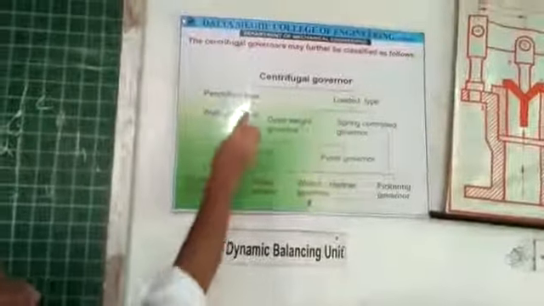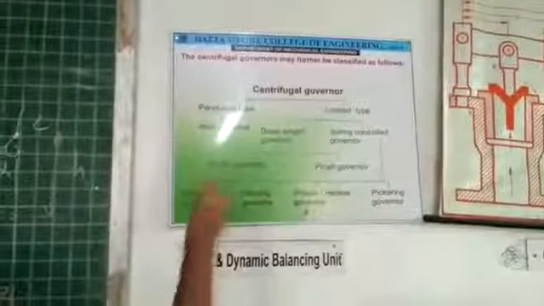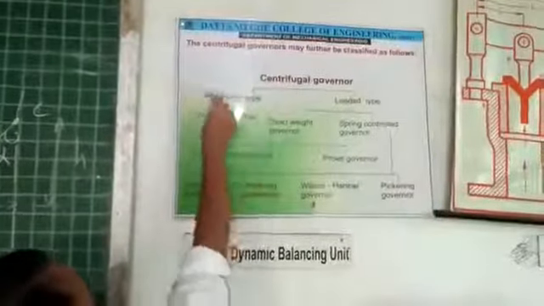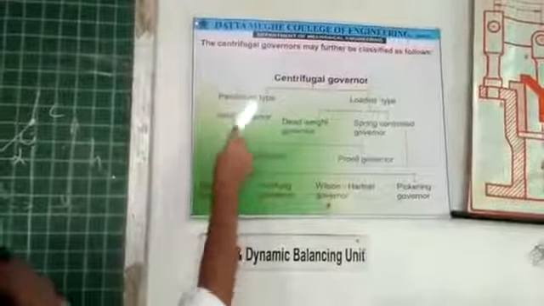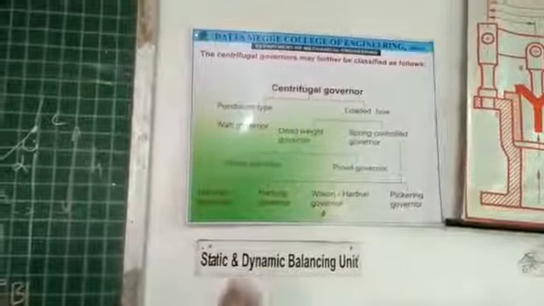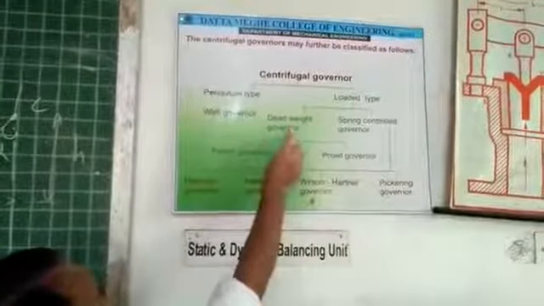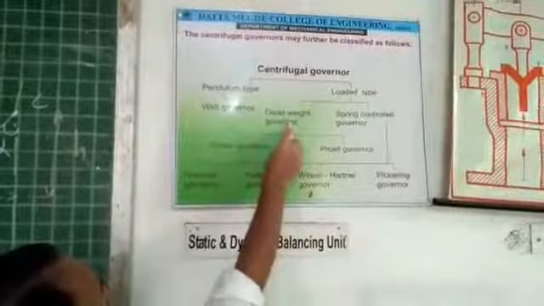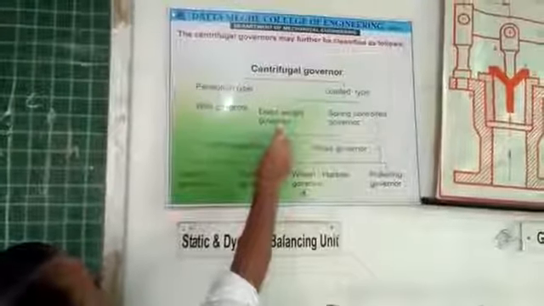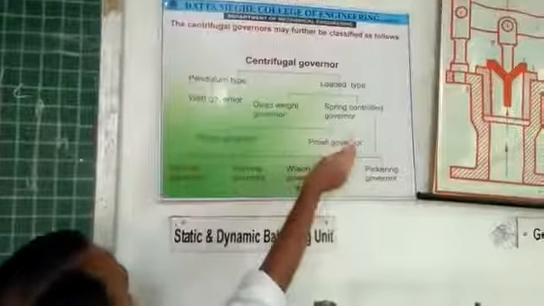Centrifugal governors are included as per our syllabus. Centrifugal governor, first category is pendulum type governor. Example of pendulum type governor is the Watt governor. Second category of centrifugal governor is loaded type governor: dead weight loaded governor and spring loaded governor.